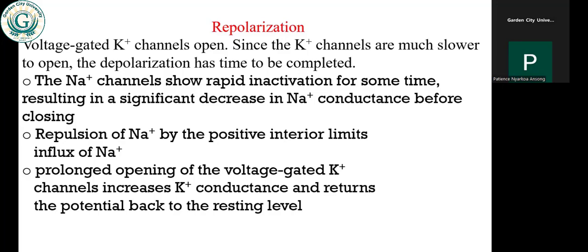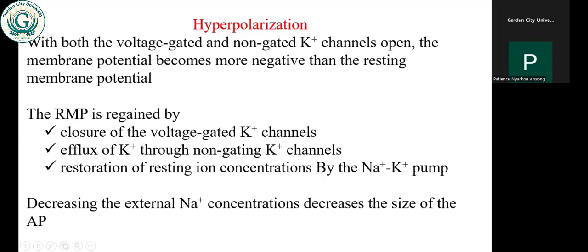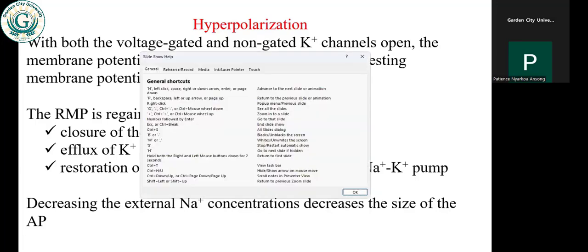And as I said, the rate at which potassium moves out is faster than sodium. Therefore, there are instances where a lot of potassium will move out of the cell, making the inside of the cell more negative than the resting state, and that is hyperpolarization.